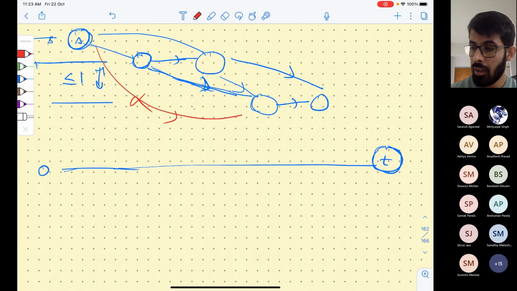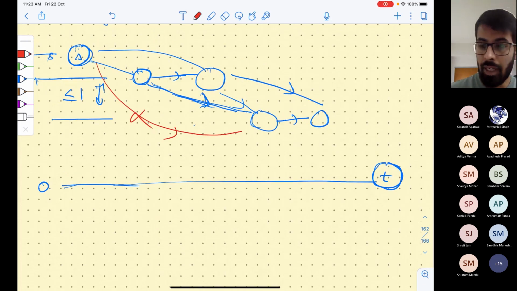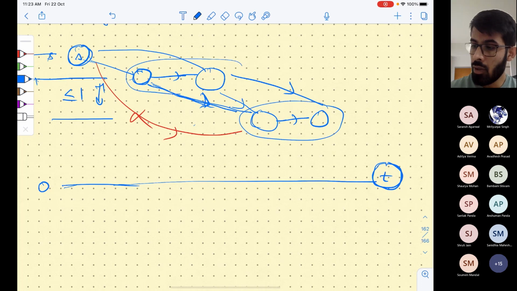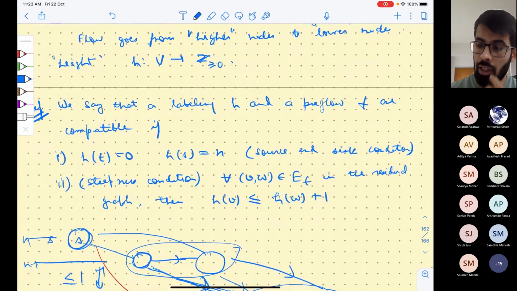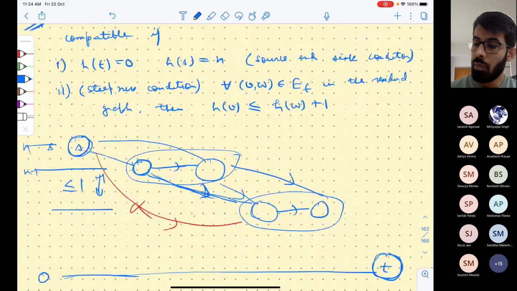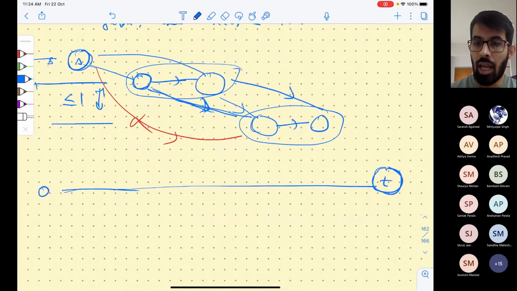Can two nodes have the same height? Yes, two nodes can have the same height, like here, these two have the same height, and so on. Any other question about these two definitions? First we defined the preflow, and then we defined these labelings, and then we said that the preflow and the labeling are compatible if something happens. Can there be flow between two nodes at the same height?